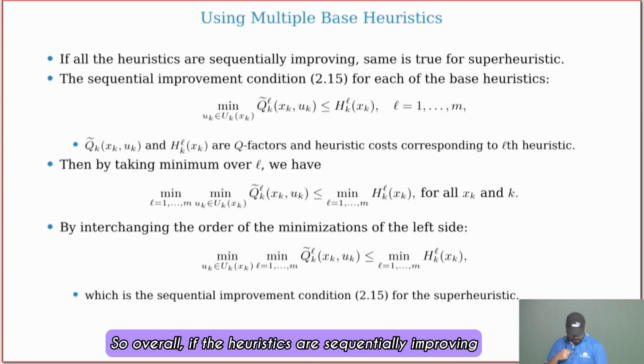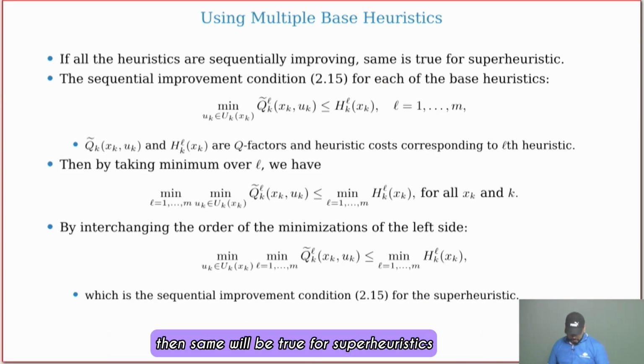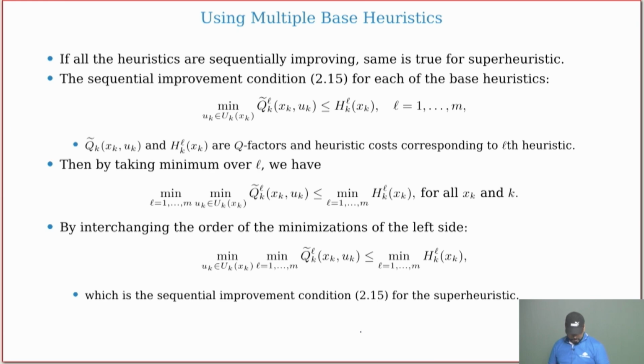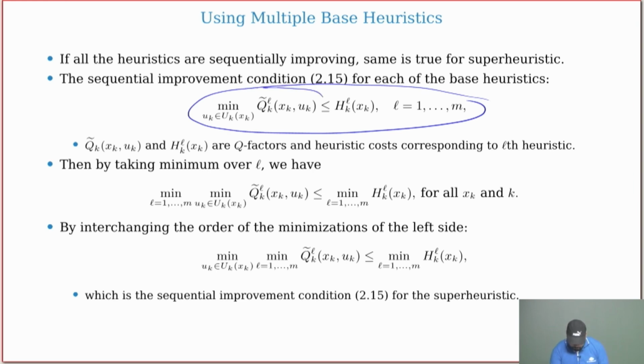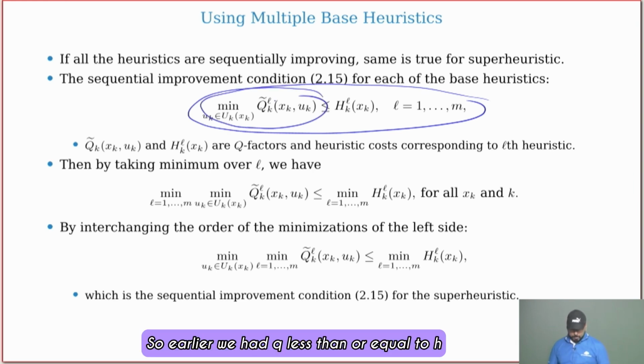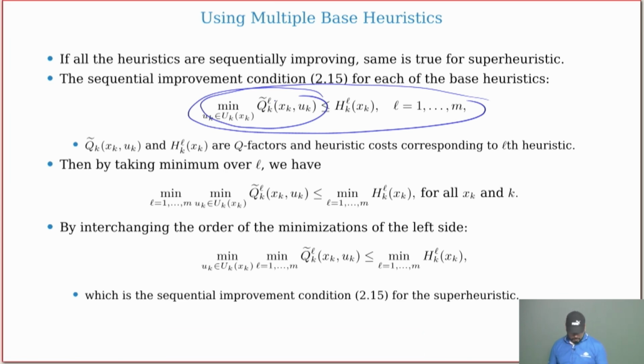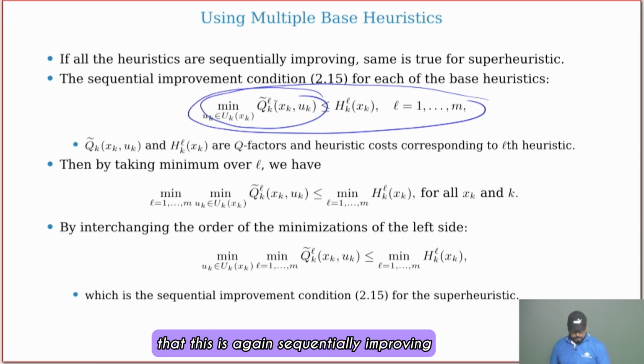So overall, if the heuristics are sequentially improving, then the same will be true for the super heuristic. So this still holds for all L equals 1 to m. Earlier we had Q less than or equal to H, but now we can say it's the same for all the L individually. Okay. So overall, we can say that this is again sequentially improving.